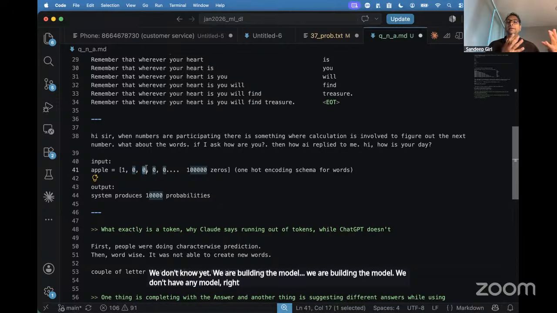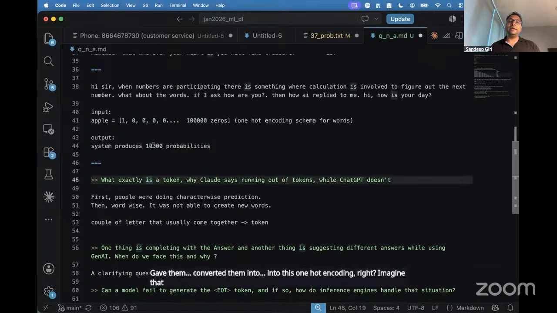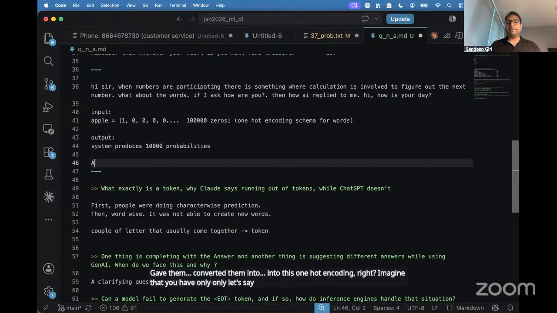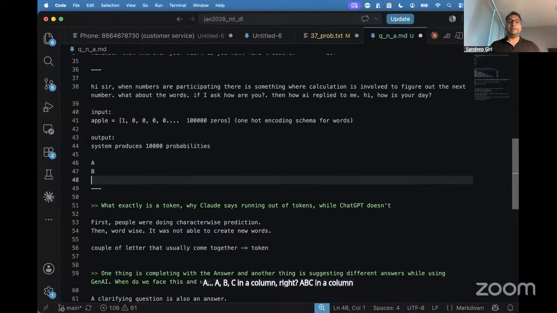So in the beginning, what people did was they took each word and converted it into this one hot encoding. Imagine that you have only A, B, C in a column.